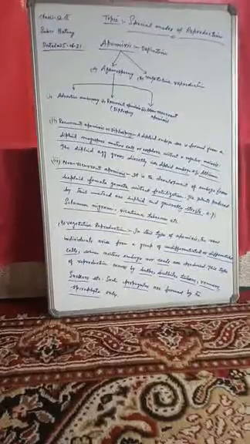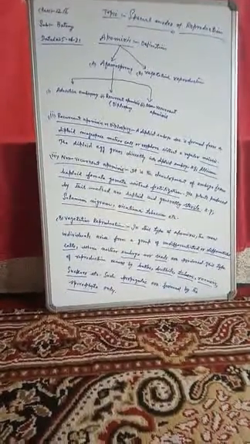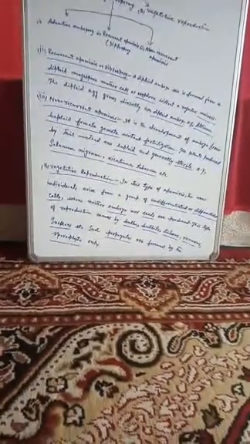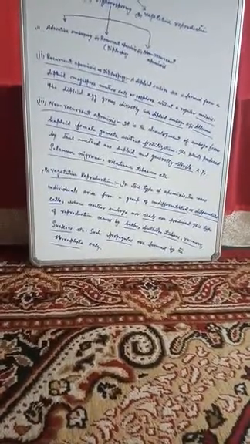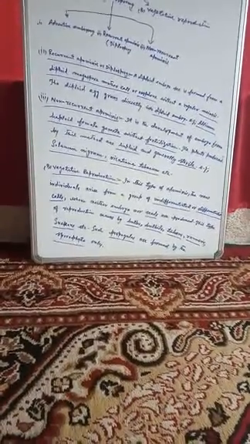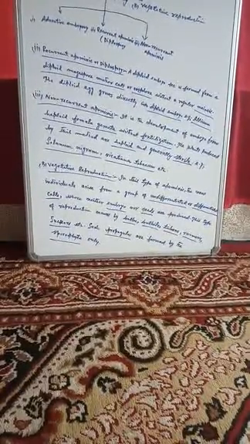Now we will come to know the second type of apomixis, that is vegetative reproduction. So what is vegetative reproduction? In this type of apomixis, the new individuals arise from a group of undifferentiated or differentiated cells, where neither embryo nor seeds are produced.